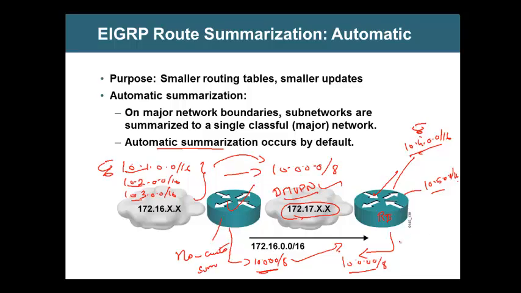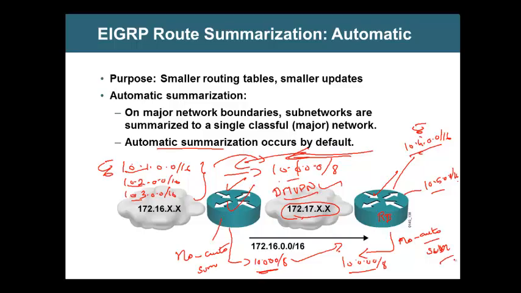If this had been done in 2009, it would have been good. I was not aware of these things on those days. Only when you say no auto-summary, the detailed routes like 10.1, 10.2, 10.3 will go and 10.4 will come. See, 10.4 is coming. This router doesn't know about 10.4. It will learn 10.4 now.